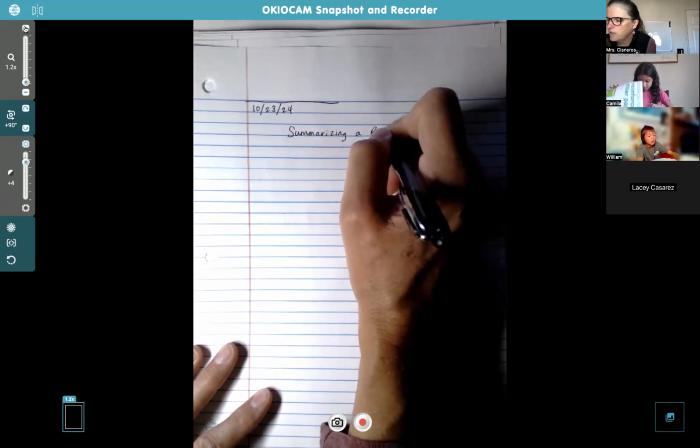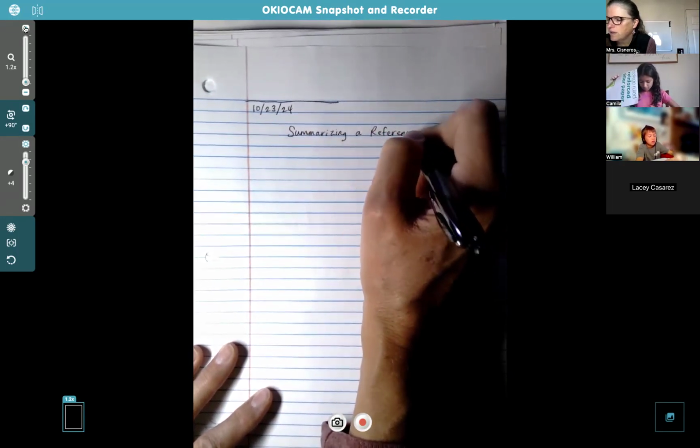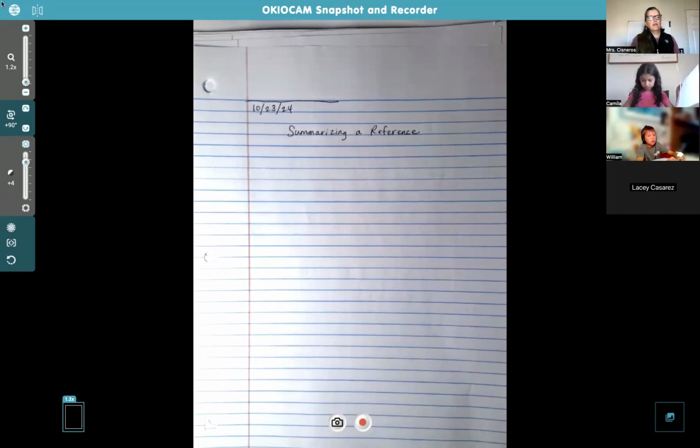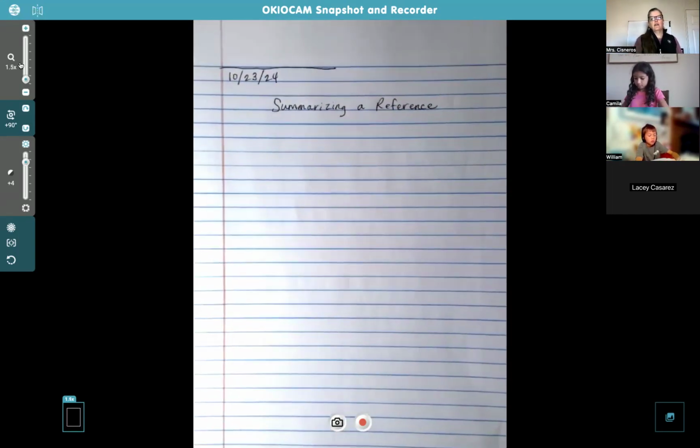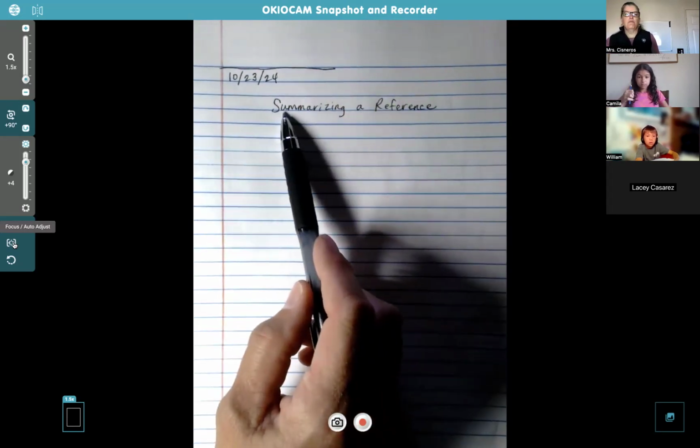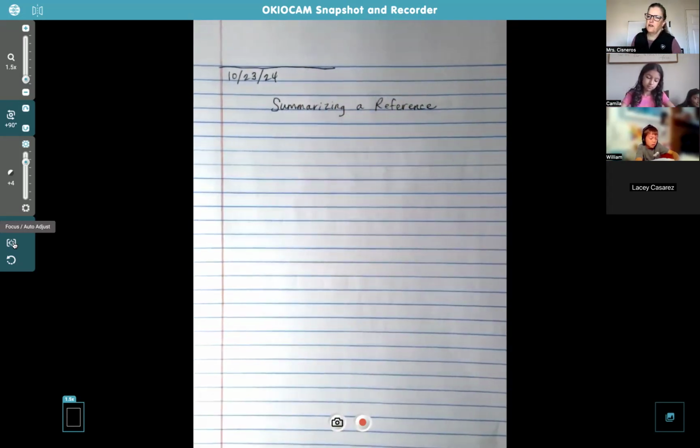a reference. We talked about this last year, so you're probably going to remember some of these things. Summarizing a reference. Let me zoom in so you can see that. You remember when we talked about that word summarizing, and I told you I don't really like how they spelled it because I see SUM like in math when you add 2 numbers together.